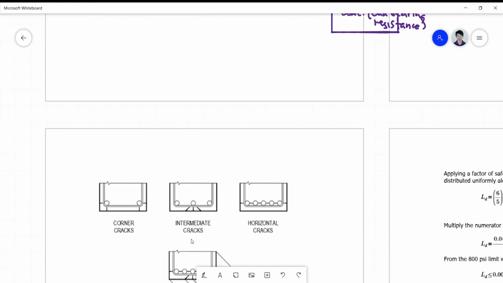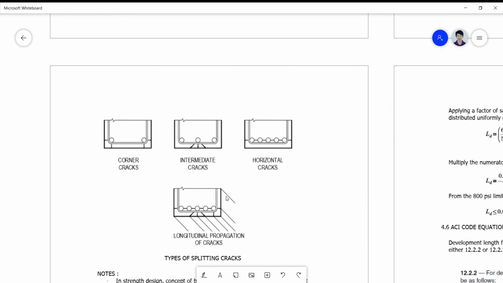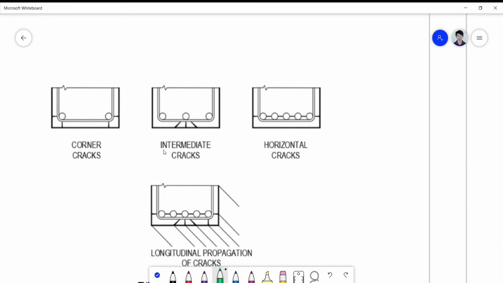So you have now here some schematic illustrations of what splitting cracks are from the inside to the outside.